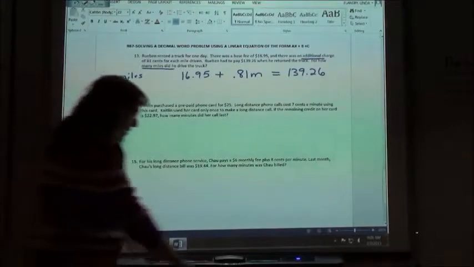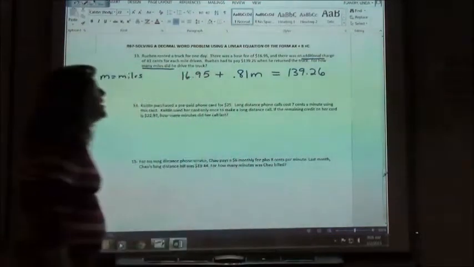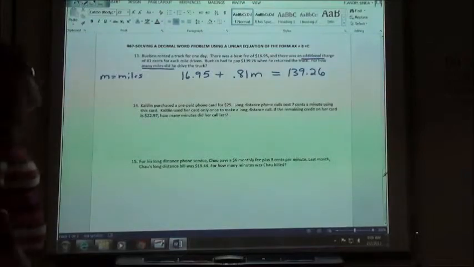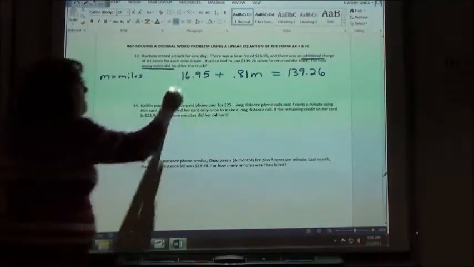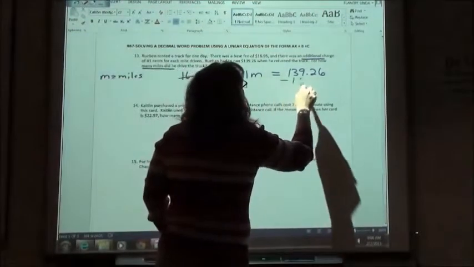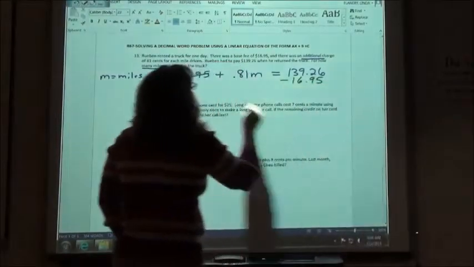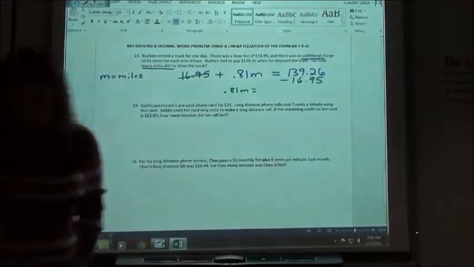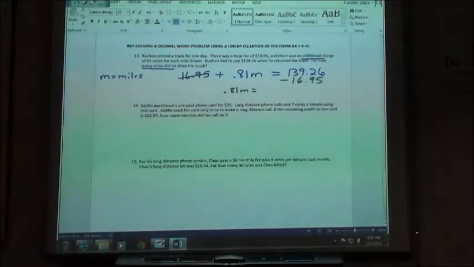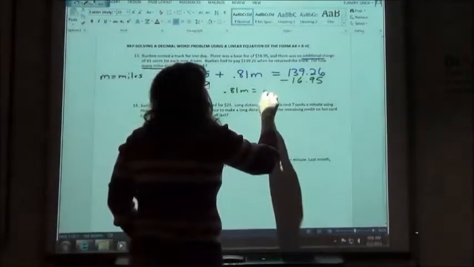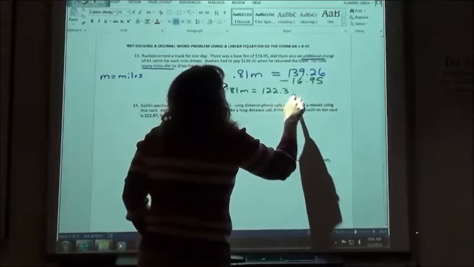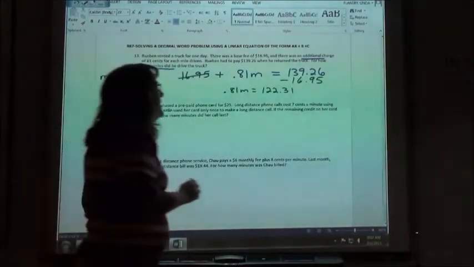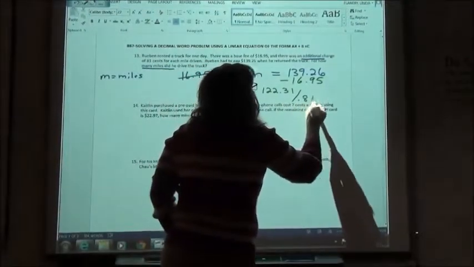If I'm going to solve that for M, the first thing I should do is subtract my $16.95. I'm going to let you do that for me. $122.31. And then to solve that for M, I'm going to divide by my 81 cents.